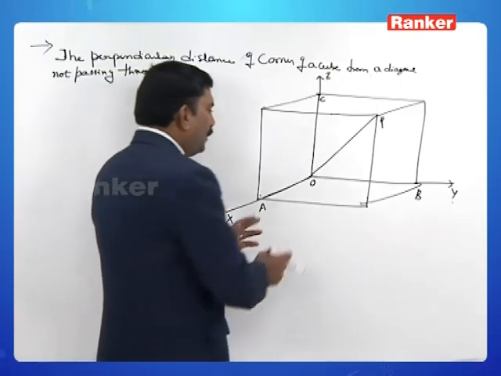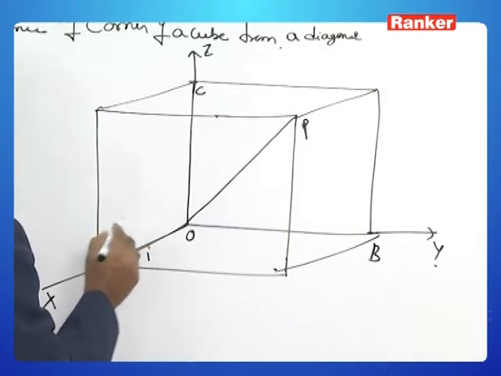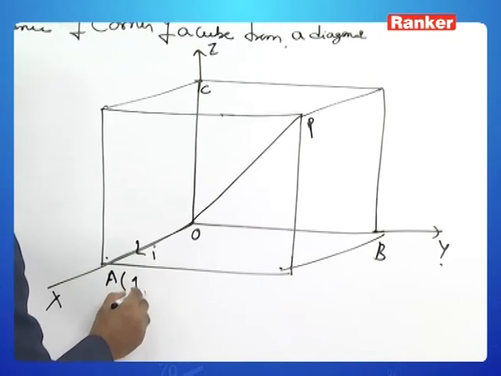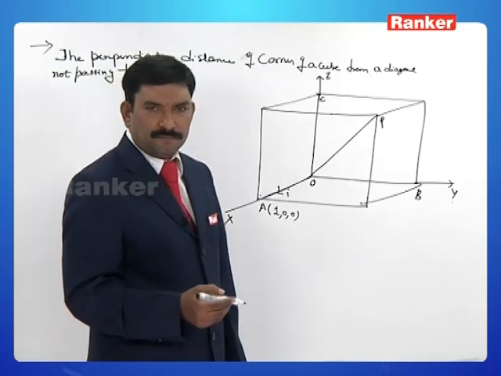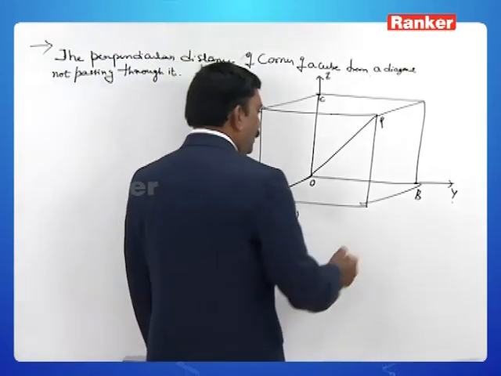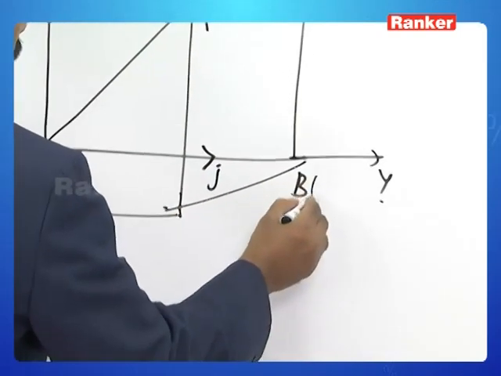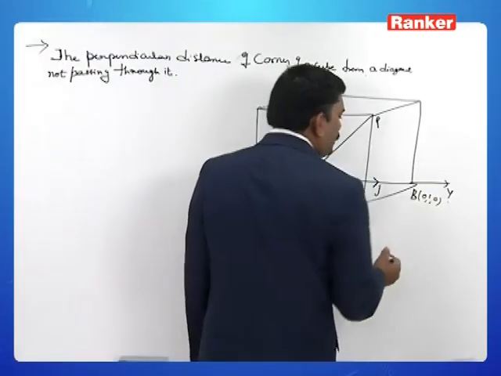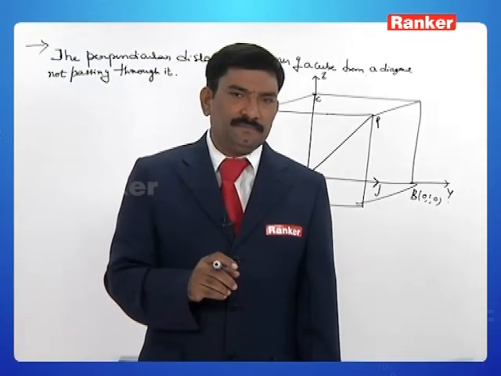So now this origin, I take this point as 1, 0, 0. Now, on the y-axis, OB is one edge. I take it as 0, 1, 0.